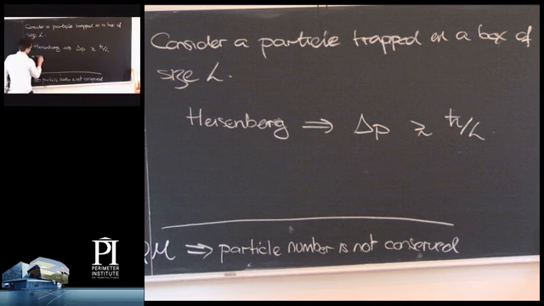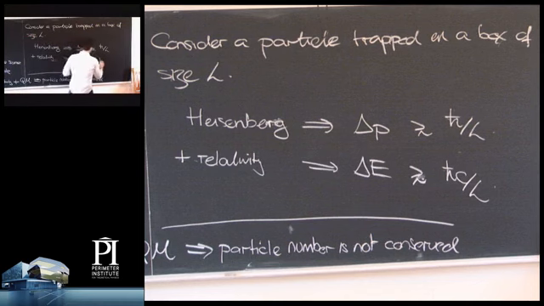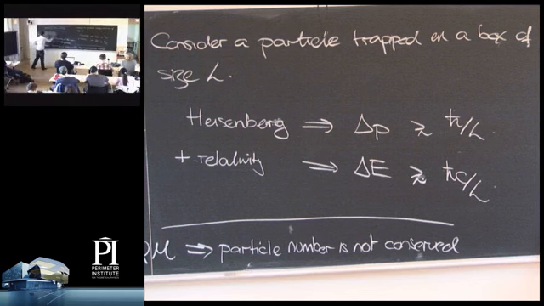So plus relativity going to tell us that there's an uncertainty in the energy which is of order h bar times c over L.